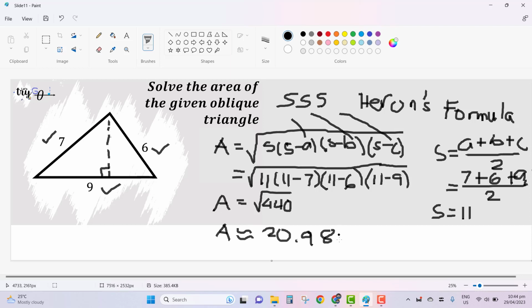But to complete its notation, since it's an area, we will be using square units since we don't have a specific unit of measurement. So this is the area of this given oblique triangle using Heron's formula, which is applicable for SSS situations.